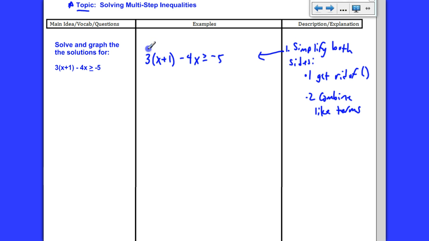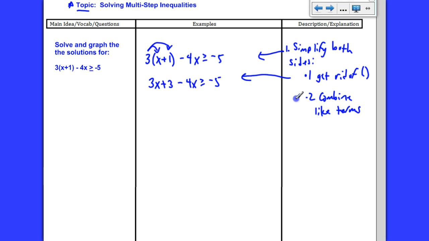This is not simplified, so I have to actually get rid of this parentheses first. And I'm going to do that in my first line. I'm going to distribute the 3. That's 3 times the quantity x plus 1. The distributive property is something we should have a working knowledge of at this point. It's 3x plus 1 minus 4x. It's still greater than or equal to -5.